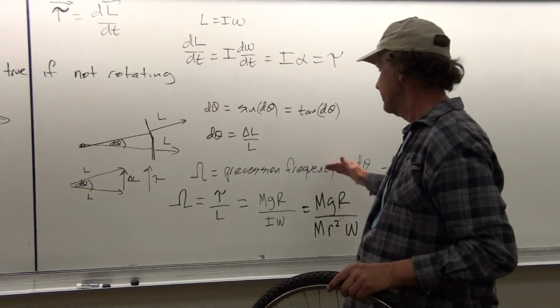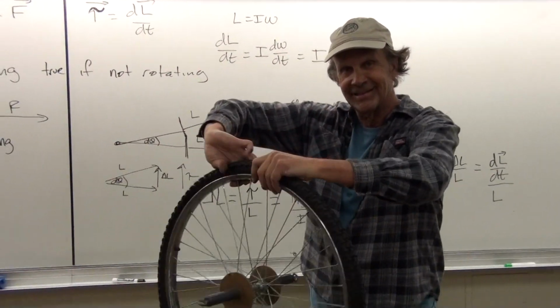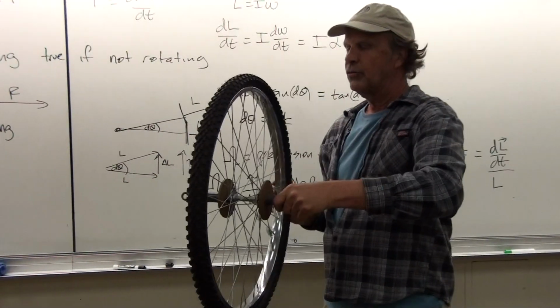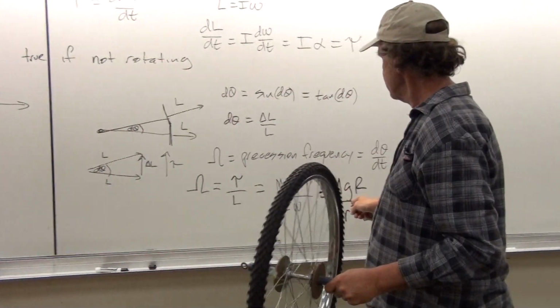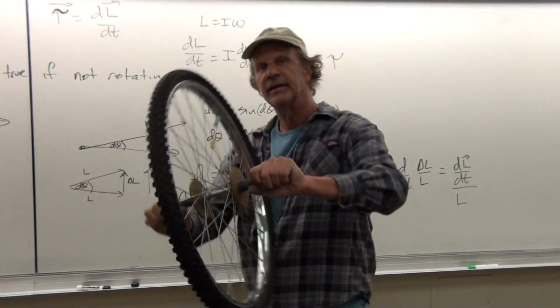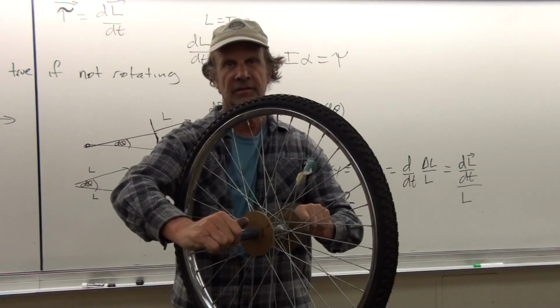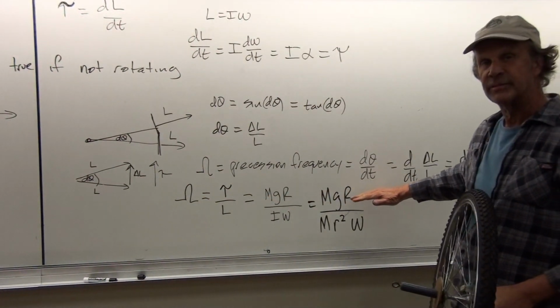Because if omega is 0, we're dividing by 0, that would give us an infinite precession frequency, which is a nonsensical result. What happens instead is when this omega becomes small, there's a certain point at which the torque that's caused by it falling is larger than the torque that's caused by it being rotated like this. So at that point, we've left the point where this approximation is valid.